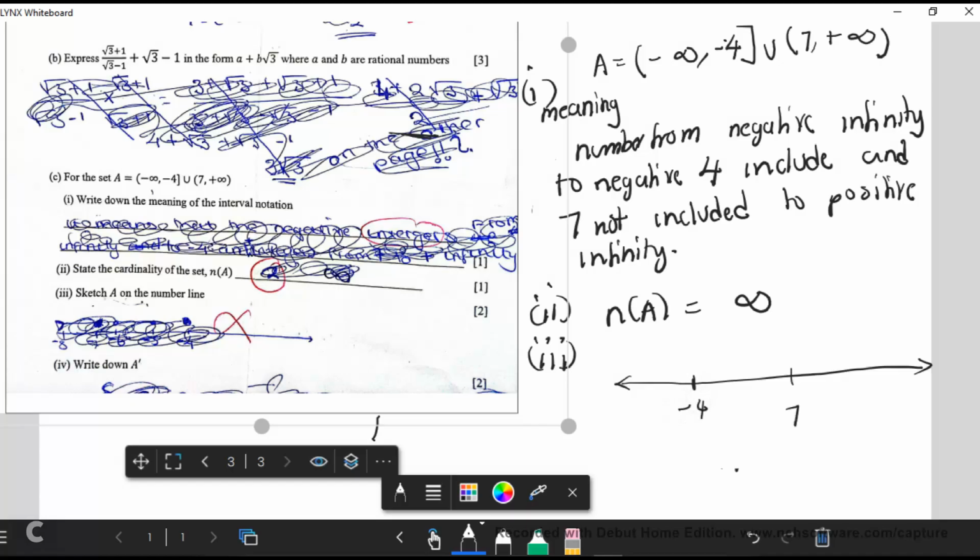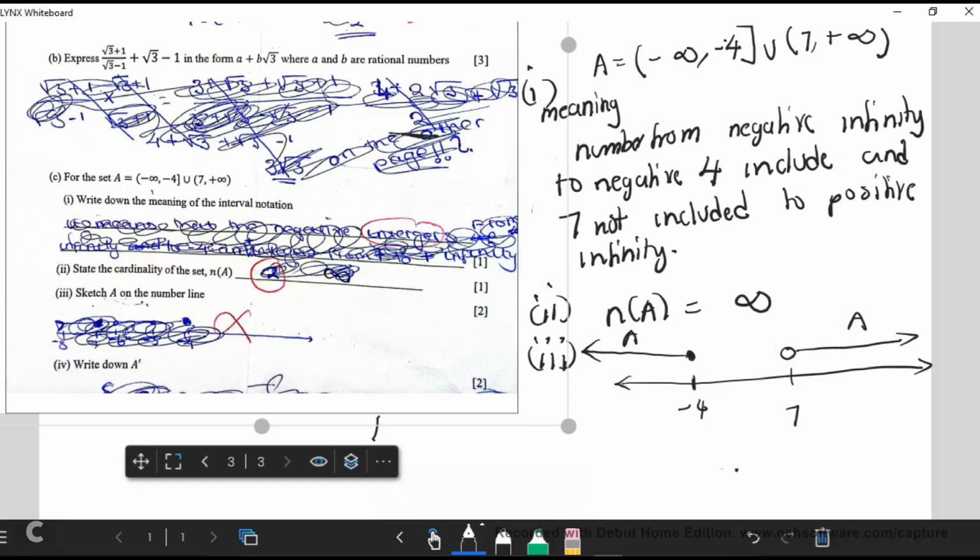Remember that 4 is included, like this, so you put included, then you go like this. How about the other one, which is not included? So you go like that. So this is A, like that. So this is how you answer A.